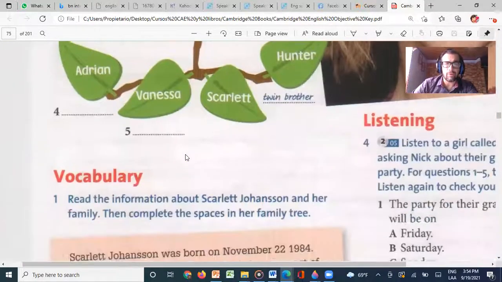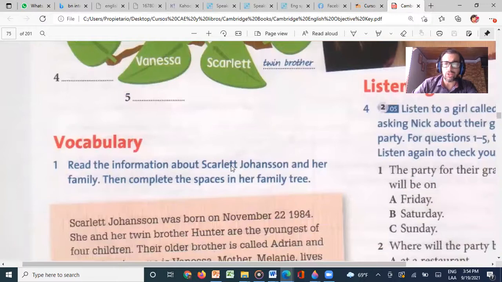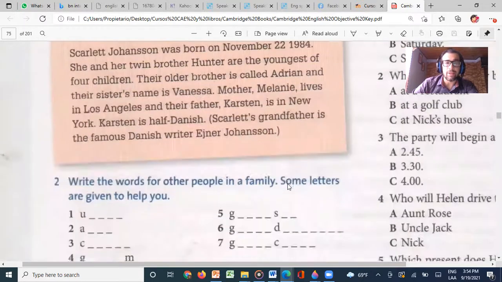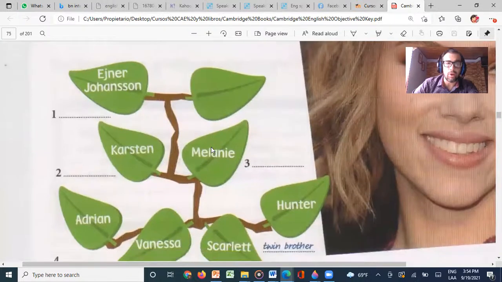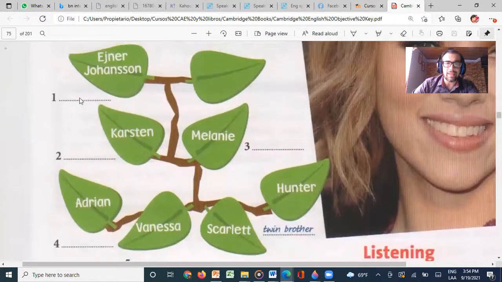It says, read the information about Scarlett Johansson and her family, then complete the spaces in her family tree. So based on this information, we're going to put here who is her, then we're going to write a name here.